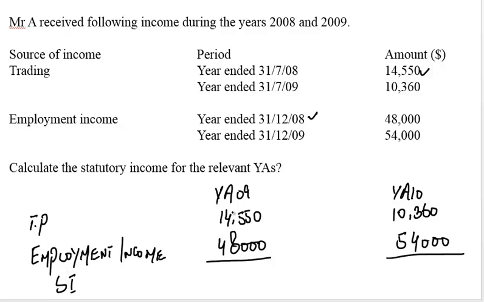Your first one is 14,550 plus 48,000, which is 62,550. The second one is 10,360 plus 54,000, which is 64,360.